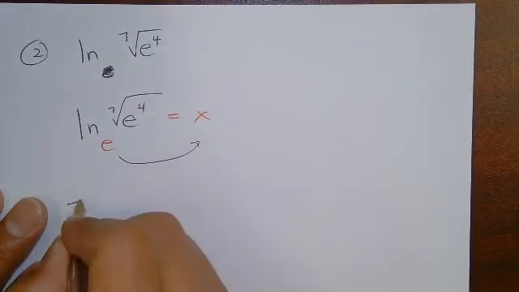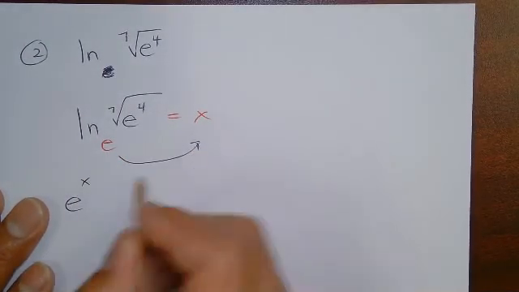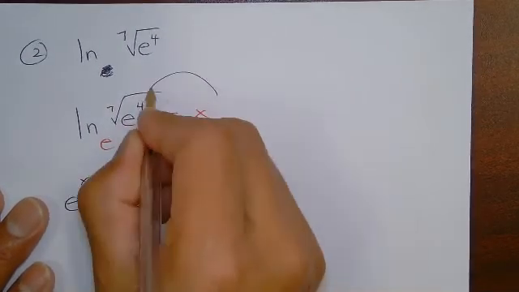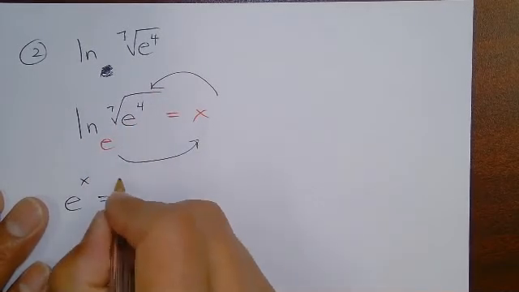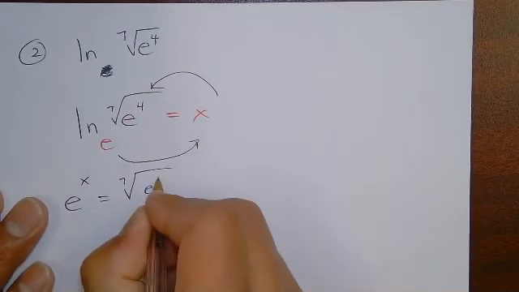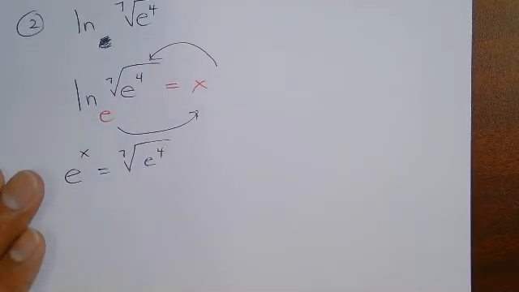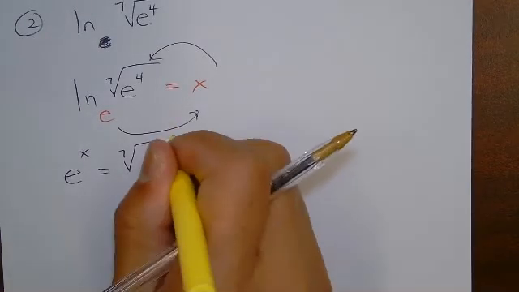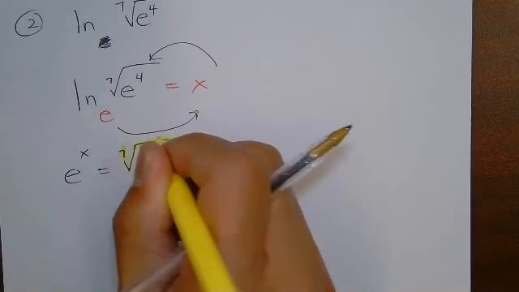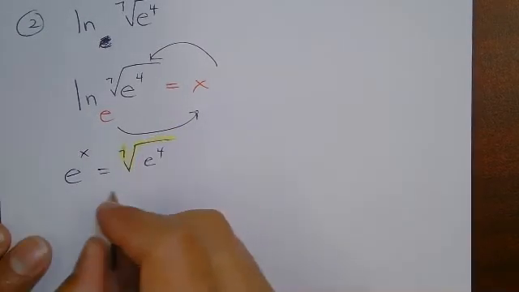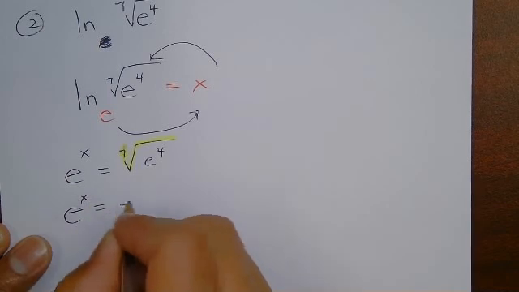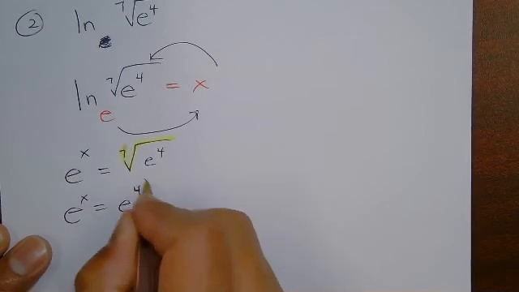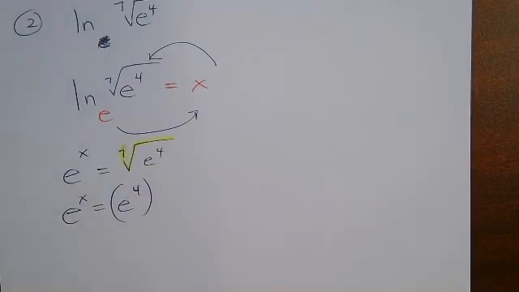And that'll be e to the power of x is equal to the 7th root of e to the 4. Now we change this radical to a fraction, a rational exponent. That'll be e to the x is equal to e to the 4 to the power of 1/7.